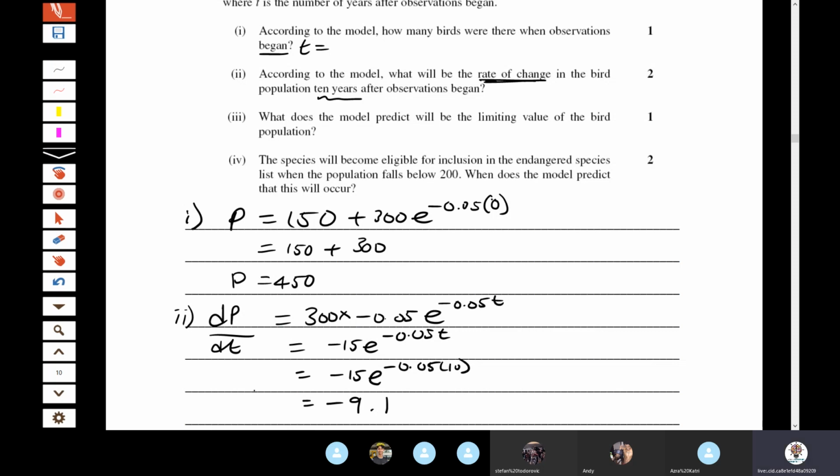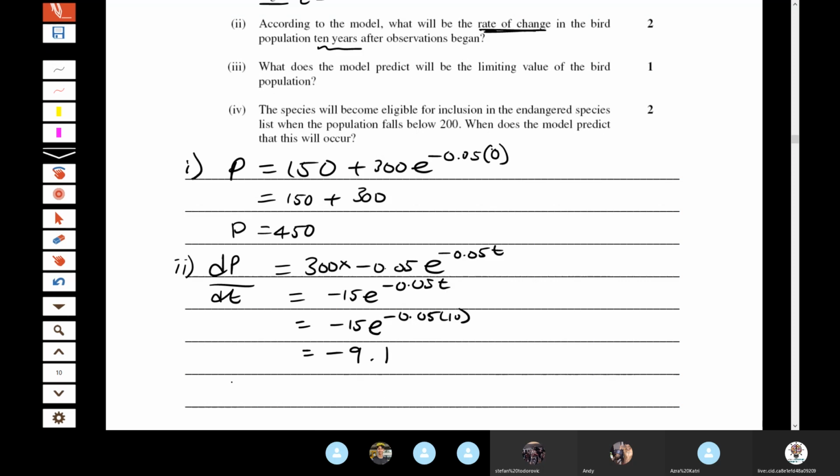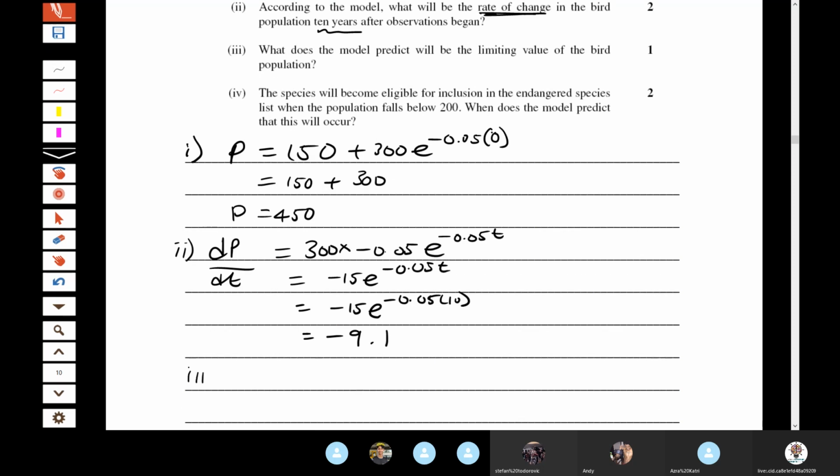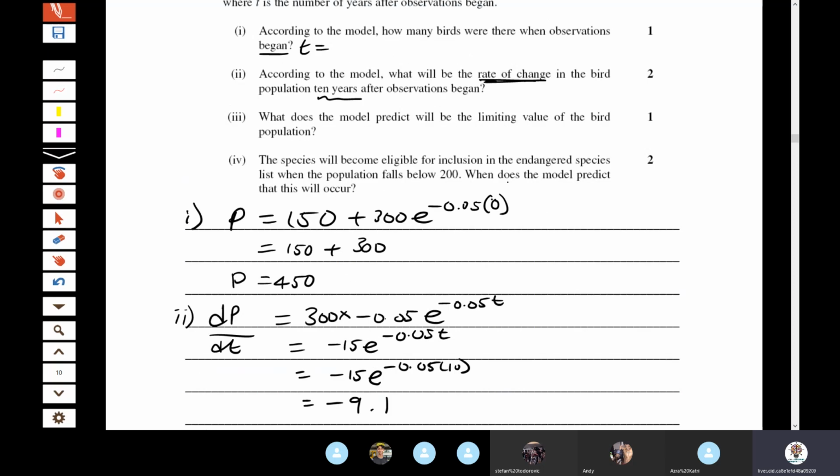Okay, triple I. What does the model predict will be the limiting value of the bird population? Another way to say that is, eventually, or eventual value, what would be the bird population?